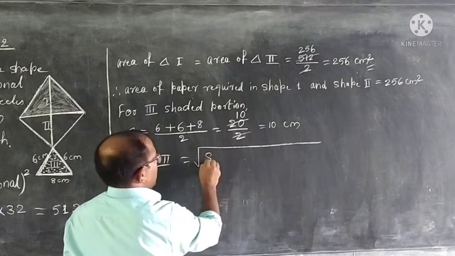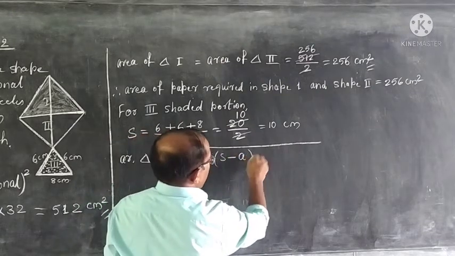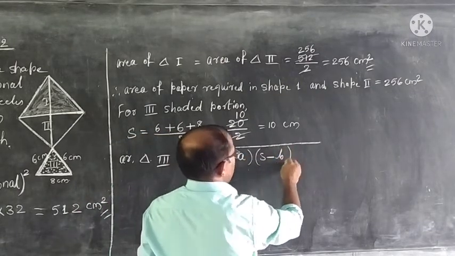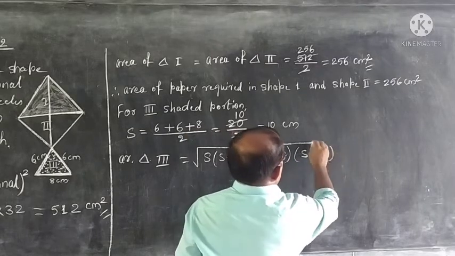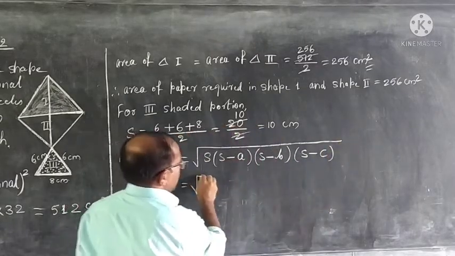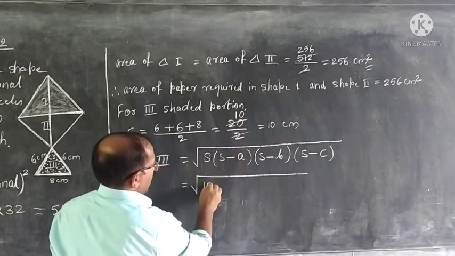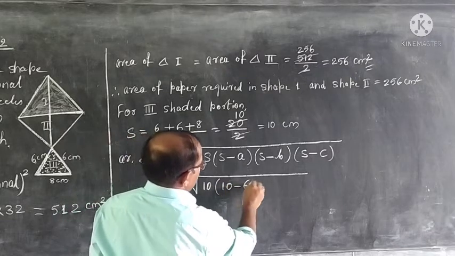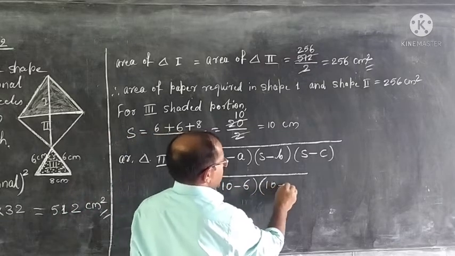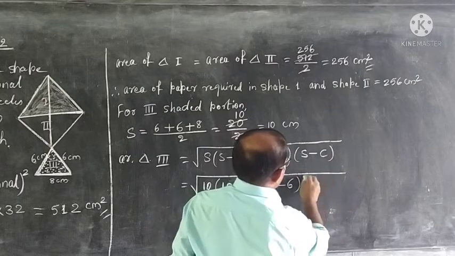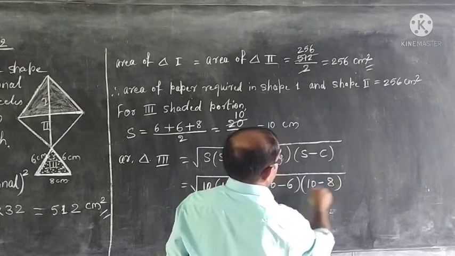If necessary, you write here that formula or you straight go using the values, and we get here 10 minus 6, 10 minus 6, and the third side is 10 minus 8.